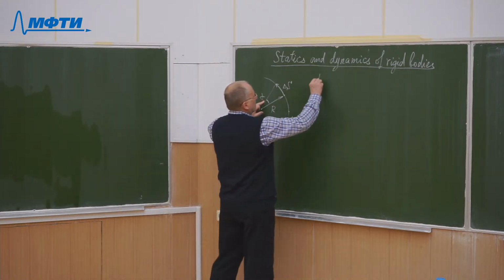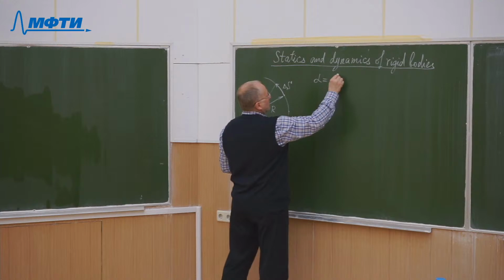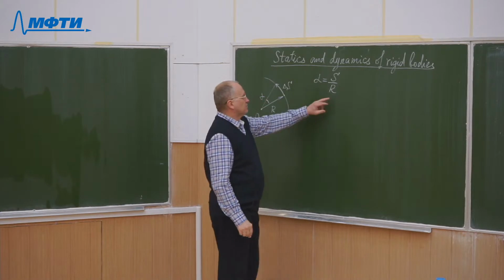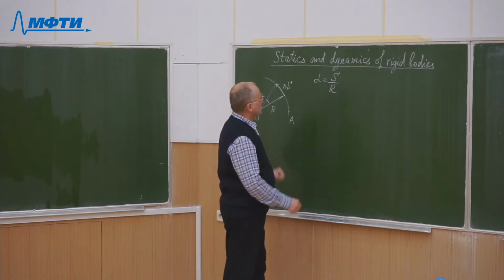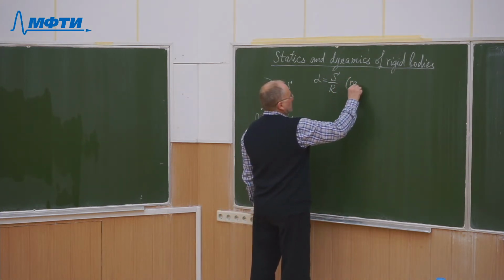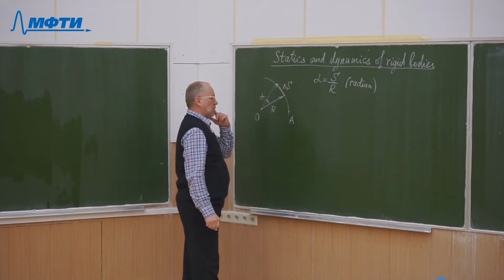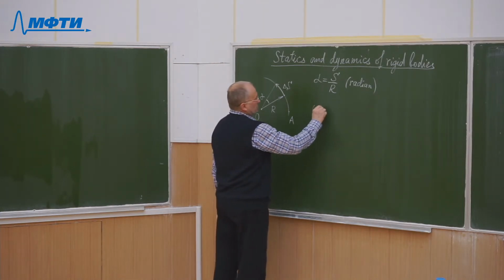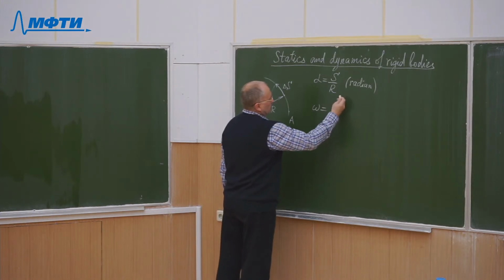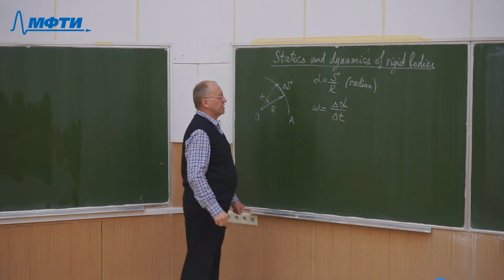The angle alpha is by definition equal to S divided by R, the length of the arc and the radius of the circle. That is the radian measure of angle. Angular velocity is the rate of change of angle alpha with time.